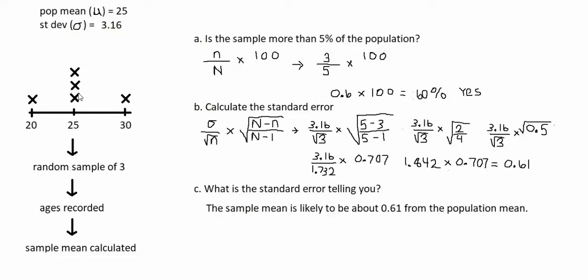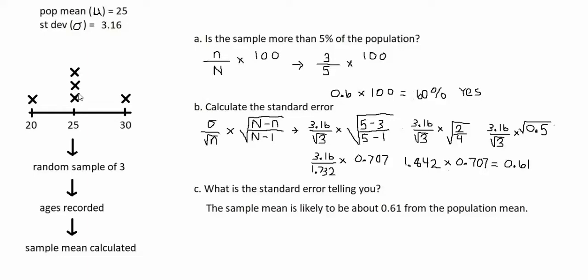But I'm just trying to get across this idea that the sample mean will come out to some number, and it depends on which 3 people happen to be chosen. And what we want to do in this situation is make an educated guess of how accurate the sample mean is going to be.